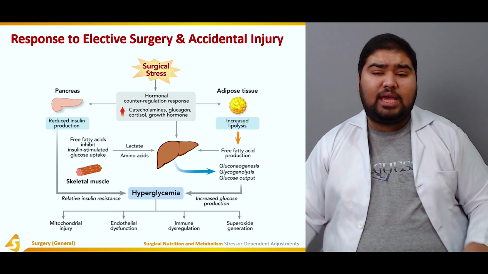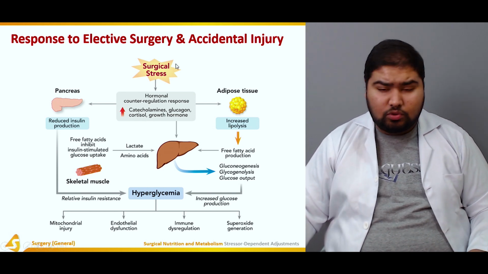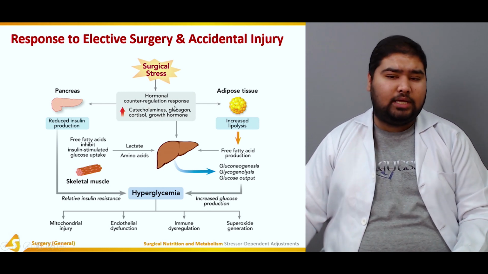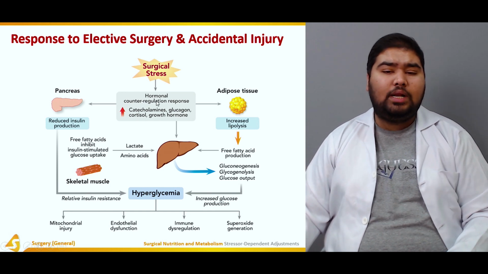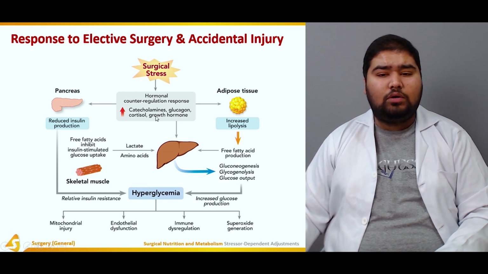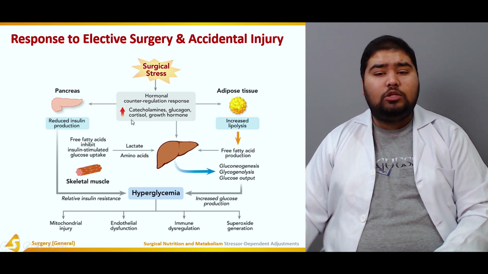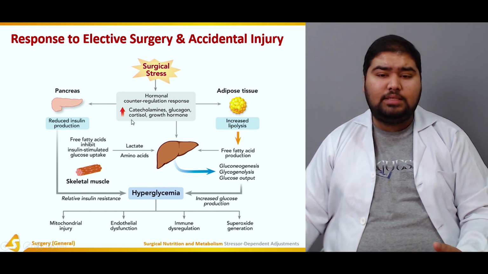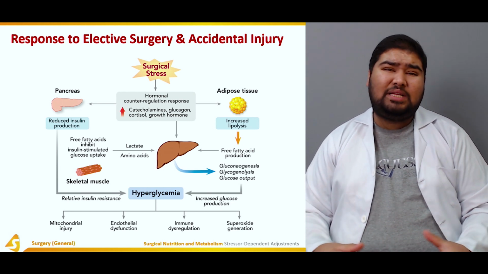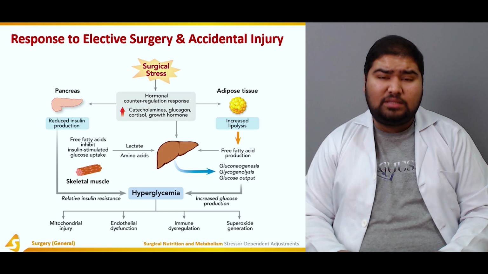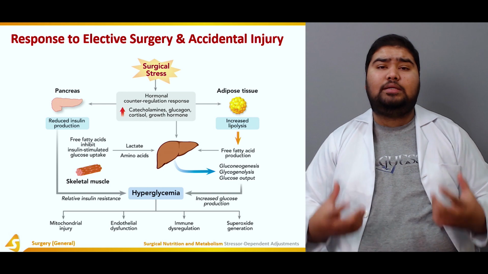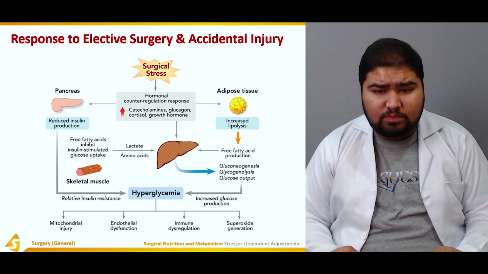So, whatever the case may be, there's surgical stress to the body, and this surgical stress causes the release of a hormonal counter-regulation response. This hormonal counter-regulation response causes an increase in the catecholamines, the glucagon, the cortisol, the growth hormone. The catecholamines are vasoactive substances, so the vessels are constricted, the volume of the body is conserved, and the body is entering a fight or flight response.